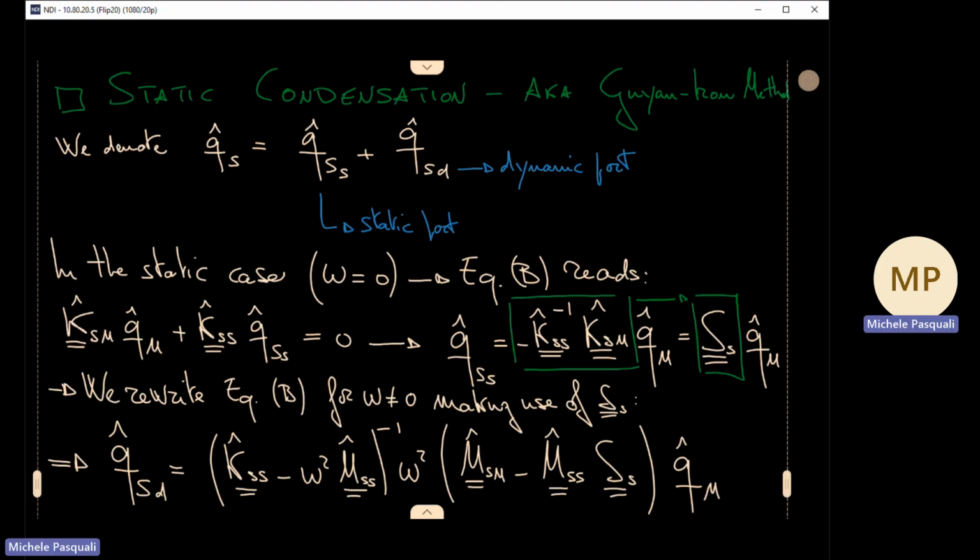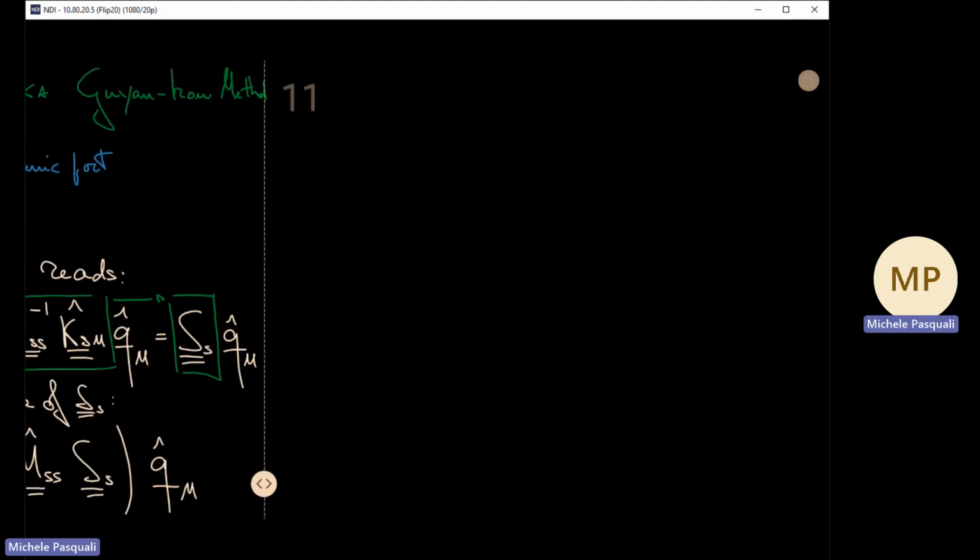And you can reduce, of course, the number of variables by a lot. Okay?